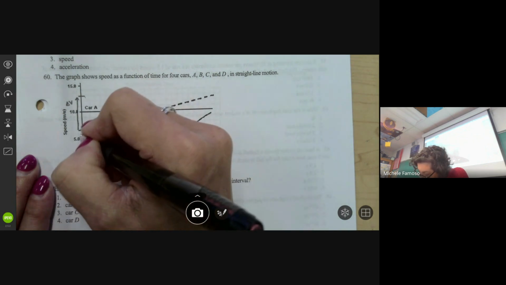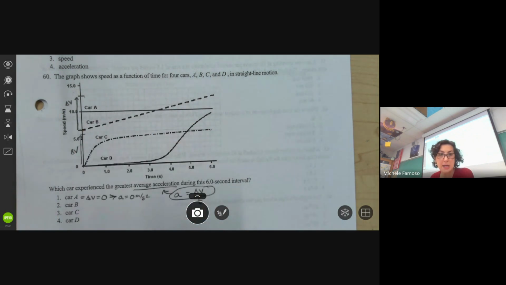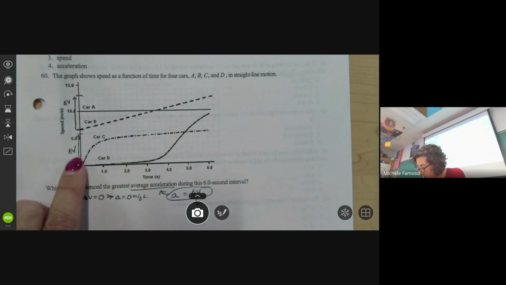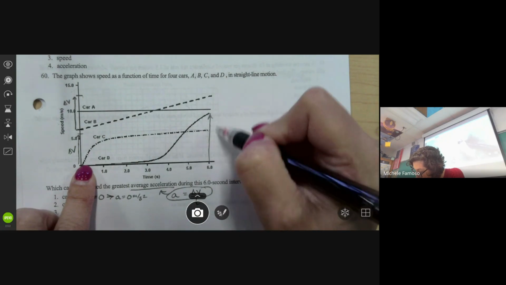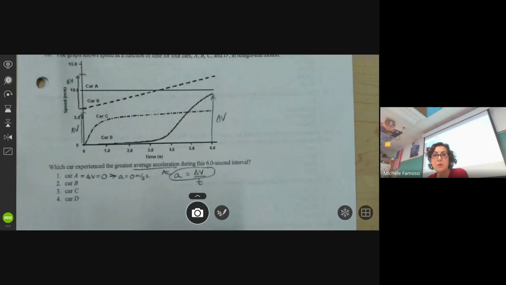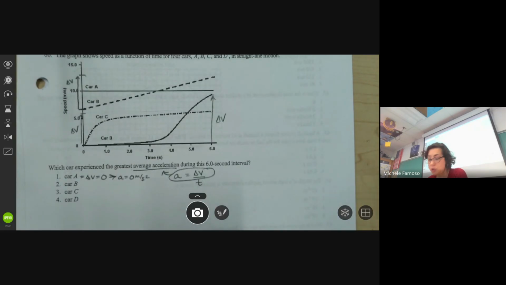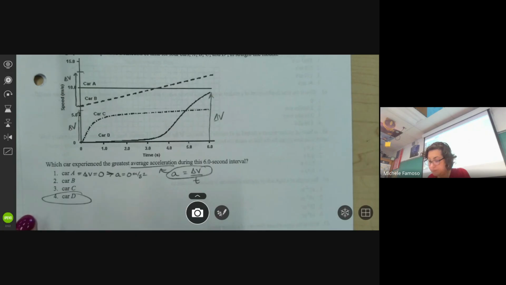So there is the velocity change for car C. And then car D starts here, ends here. So the velocity change for car D is that vertical arrow. Which one has the biggest velocity change? D. Therefore, that has the biggest average acceleration. Anything else for 60?